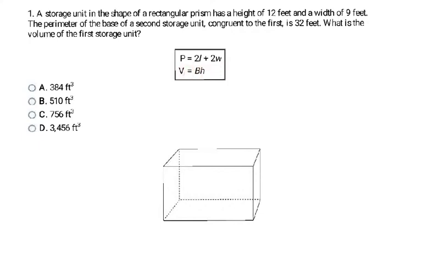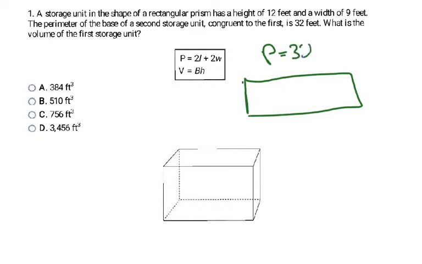So the volume here, it tells you to take the area of the base times the height. The area of my base is going to be the rectangle. We know the perimeter of this rectangle is equal to 32 feet, and we know the width of this rectangle is 9. So I know that these two sides are 9.